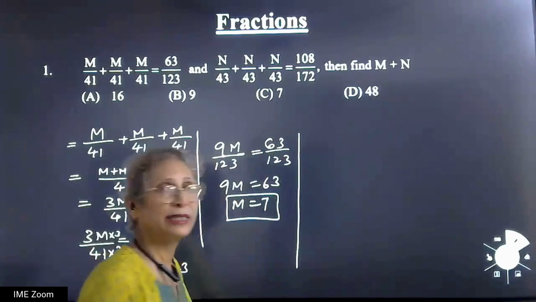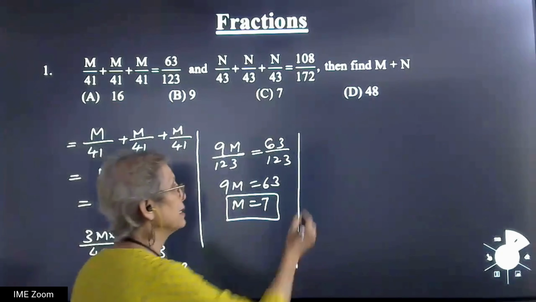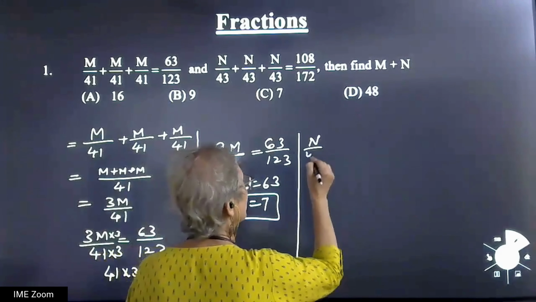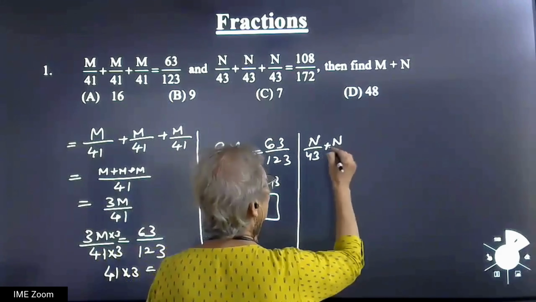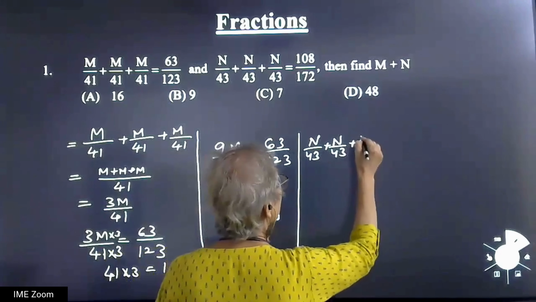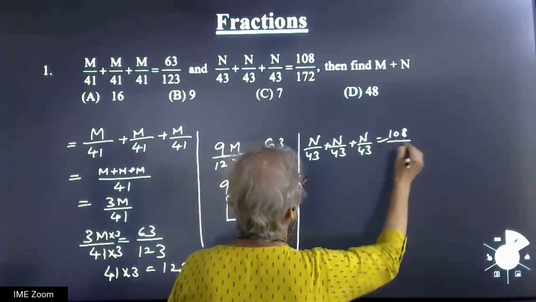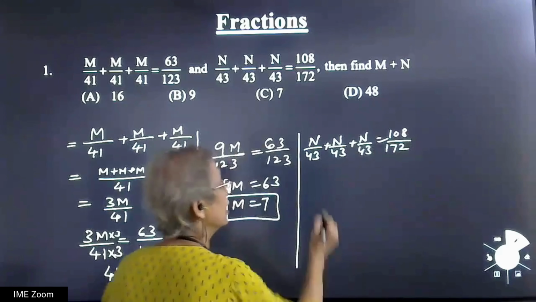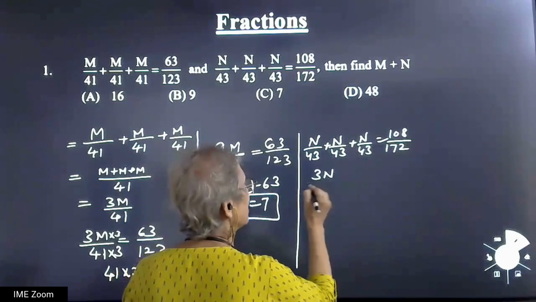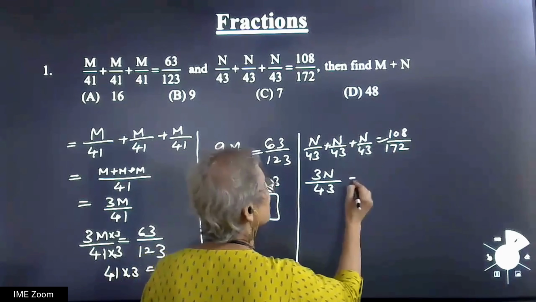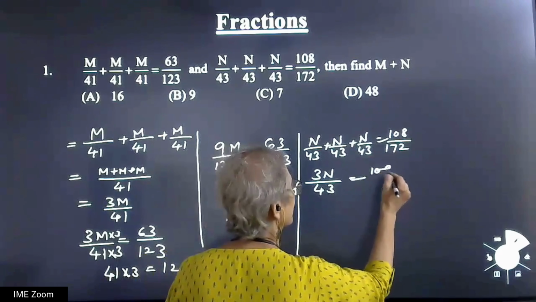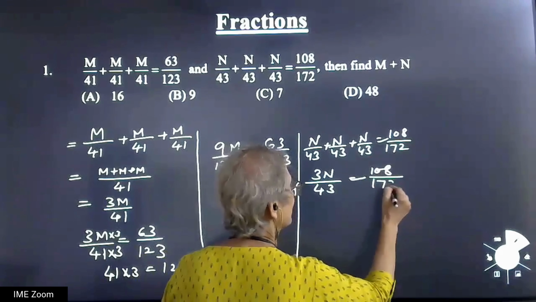Here the denominator is 43. Same method we will use. N upon 43 plus n upon 43 plus n upon 43 equal to 108 upon 172. Again here it will be 3n upon 43 equal to 108 upon 172.